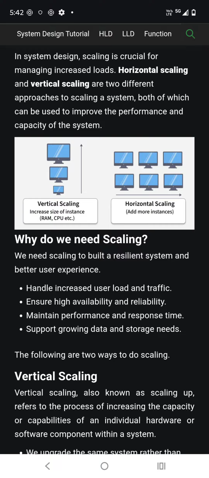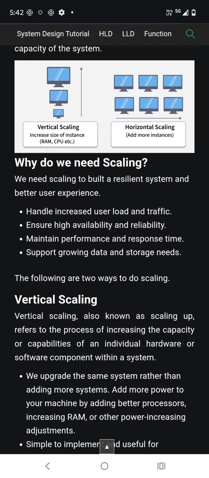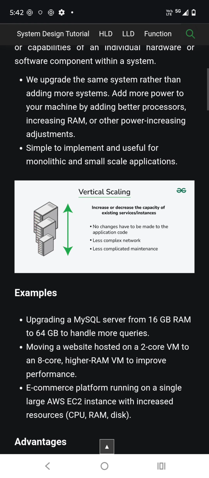Then your system may get overloaded and may not work properly due to the heavy load. That will become a failure and bring a loss of revenue to the business. So scaling is very important.